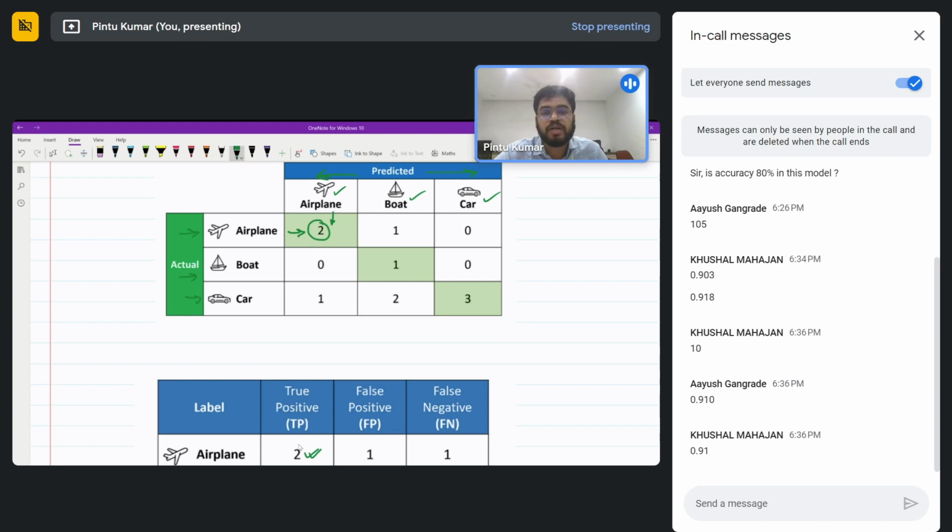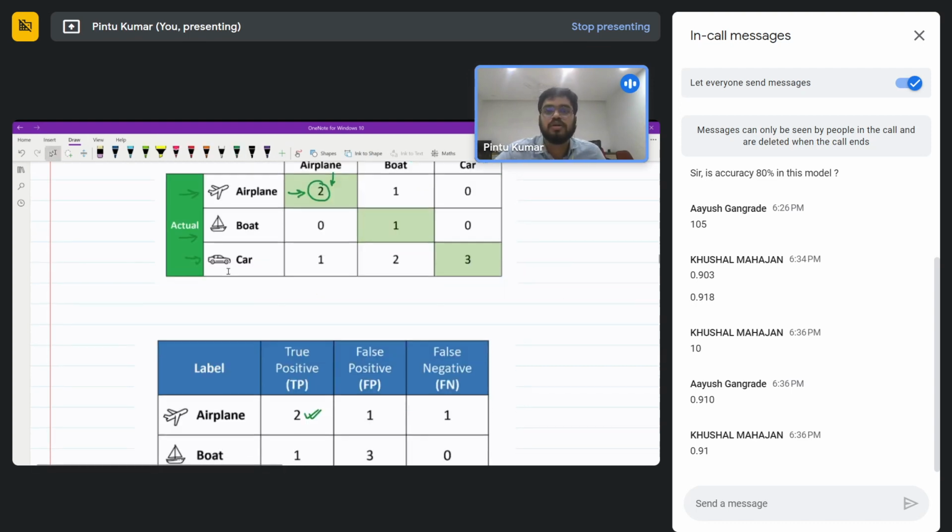Things that were predicted as aeroplane but were actually not aeroplane. This would be the sum of these two quantities, since they are predicted as positive but are not aeroplanes. So what is the value? The false positive is 1.